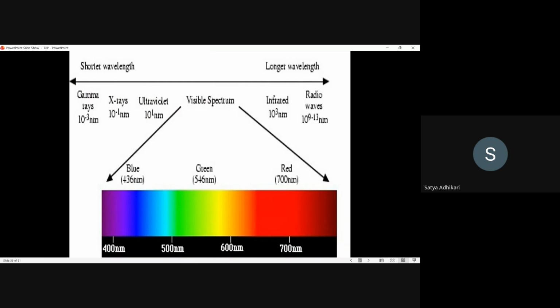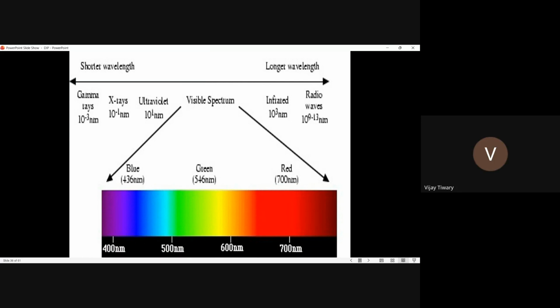So only the visible spectrum, which lies between the red color and the blue color at 400 nm, can be viewed. The color spectrum which lies within this range is known as the visible spectrum. We can view it with our eyes.